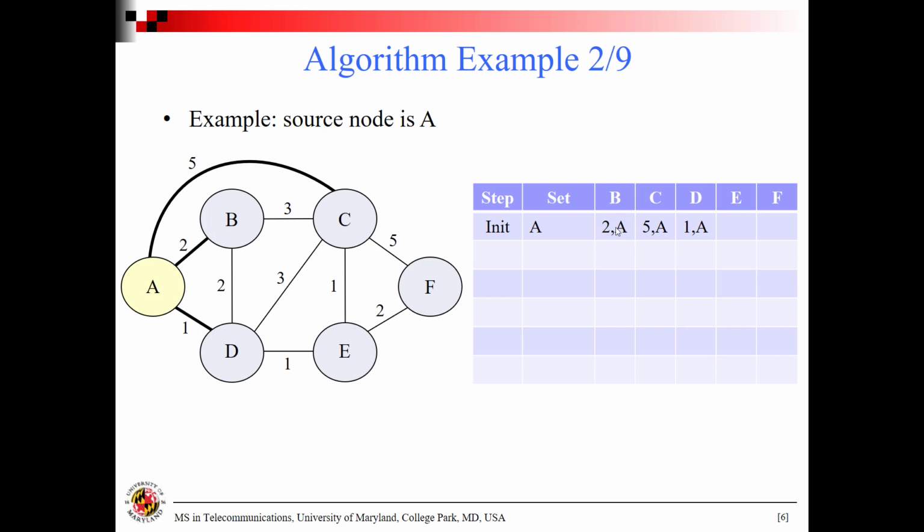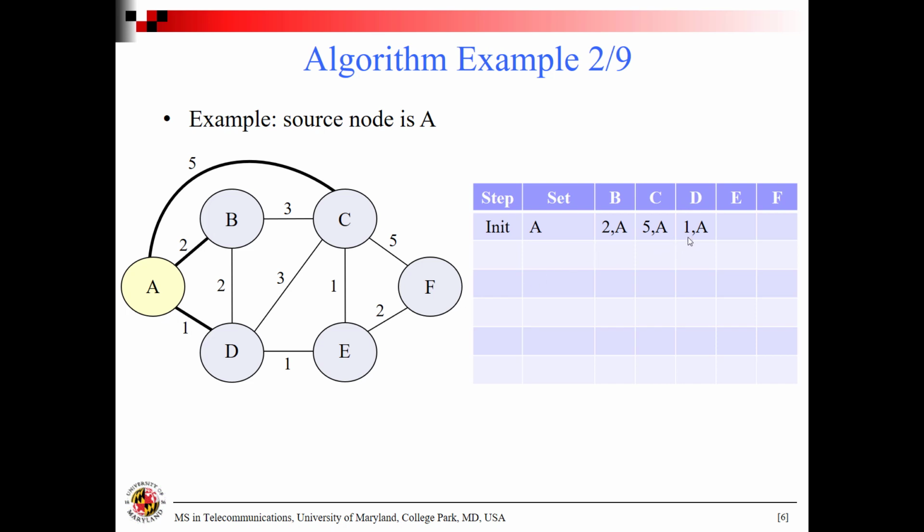We do the same thing for node C, right? So it's the direct connection. It has a cost of 5, so we record it in the table, and then again the predecessor will become node A, very similarly to node B. The third one, node D, as you could see, we have a direct path which has a cost of 1.